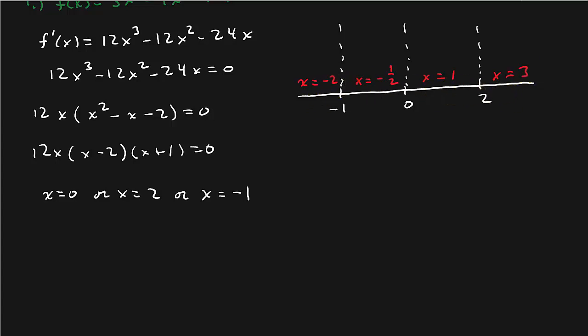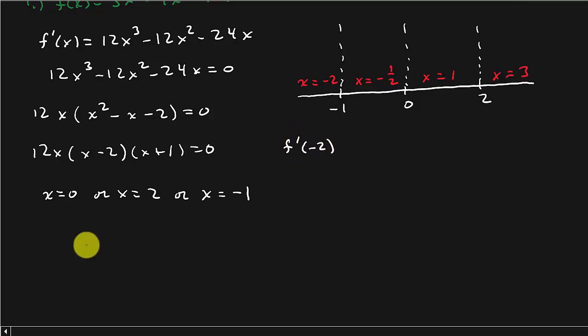Now what we have to do is evaluate the first derivative at each one of these numbers. For the negative 2, I can plug it into this one, or if I wanted to, I could plug it into this one.